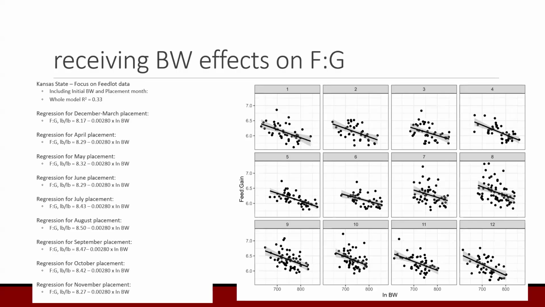Because we see that interaction between intake and average daily gain, we see different responses based off placement months for feed to gain. Animals that are placed in those cooler months will have an improved feed to gain compared to those animals that are placed on feed in hotter months.